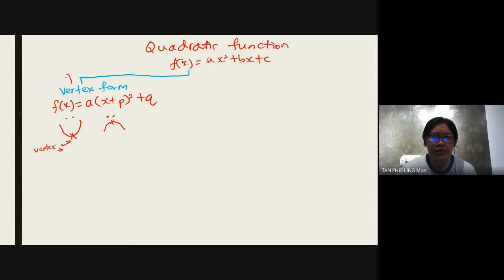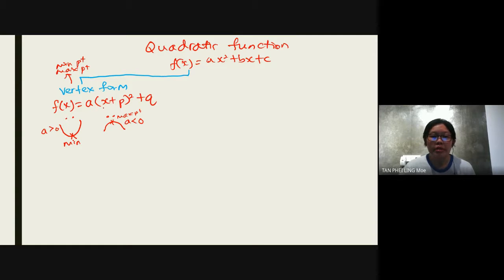The vertex here refers to your minimum point or your maximum point. Is it clear? This is something basic, most of you are okay already. So this is a minimum point when you have a happy face, when your a is more than 0. When your a is less than 0, we call it a maximum point.